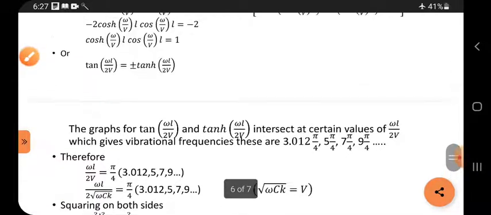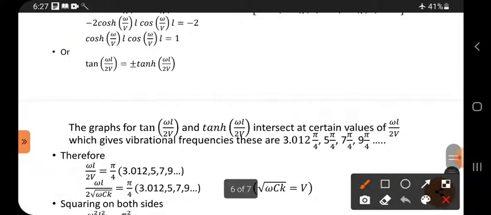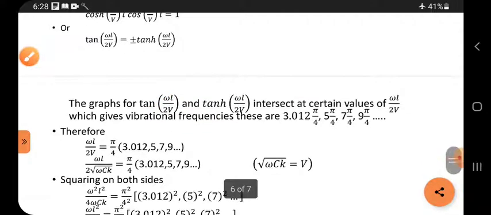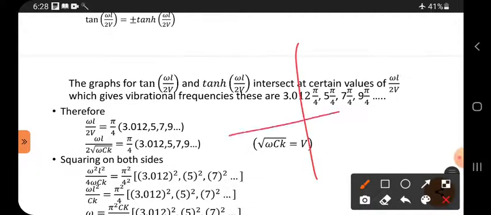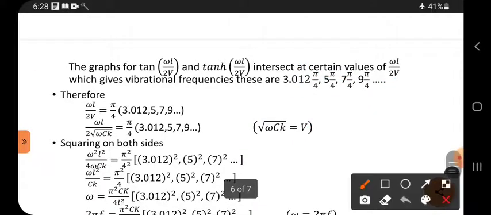Next, the graph. If you draw a graph between tan(omega L by 2v) and tanh(omega L by 2v), these waves can intersect. Generally these produce waves like this. Now tan and tan hyperbolic intersect where, at 3 pi by 4, 5 pi by 4, 7 pi by 4, 9 pi by 4 and so on.